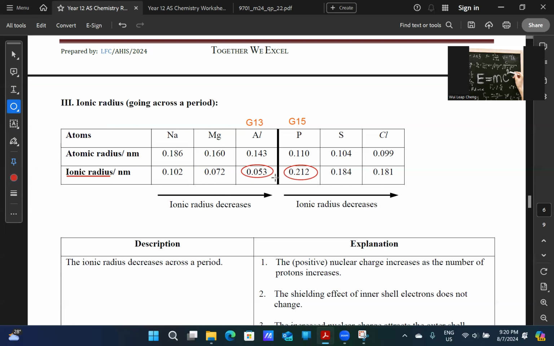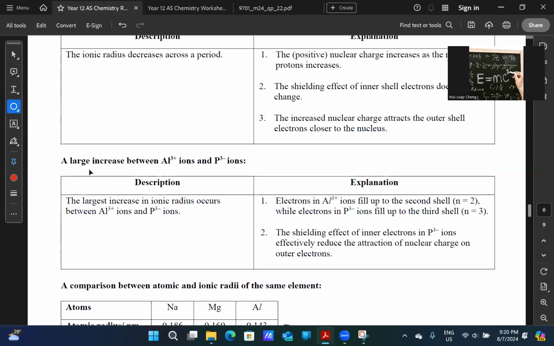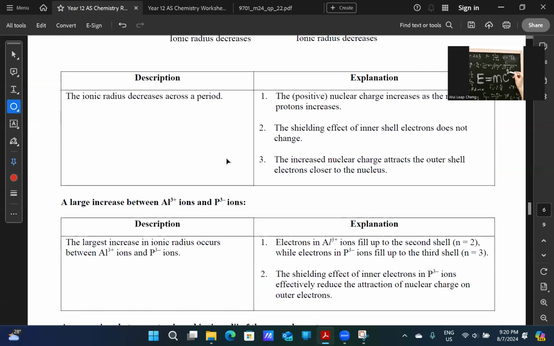That's a big jump from group 13 to group 15. Okay, so why this can happen, I will discuss it later. A large increase between aluminum and phosphide ions, okay?